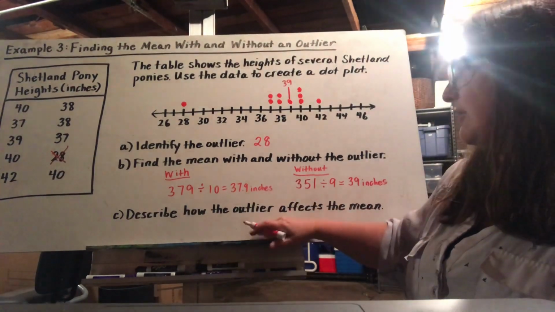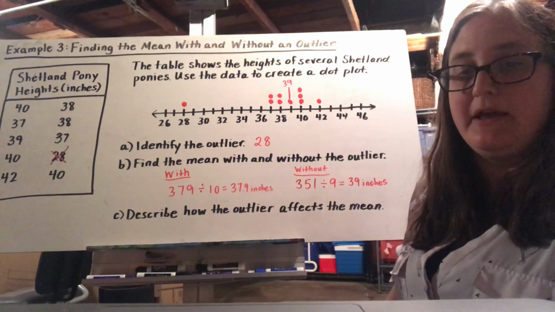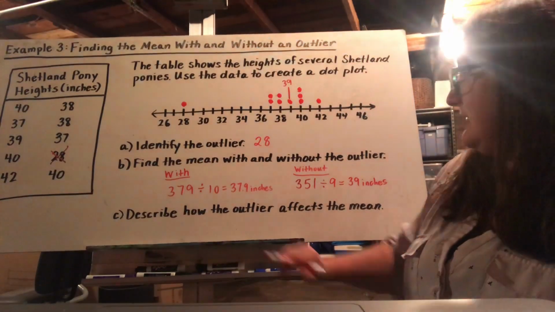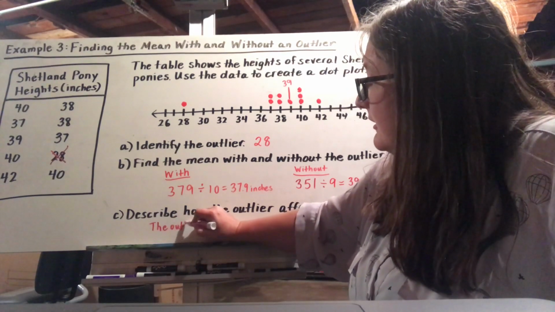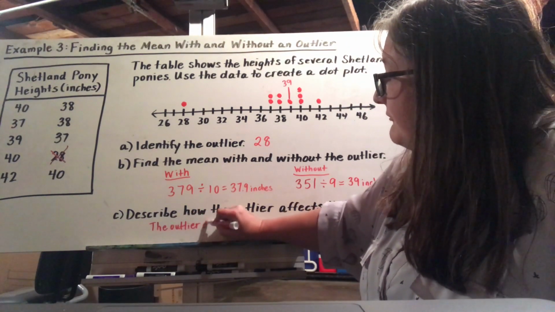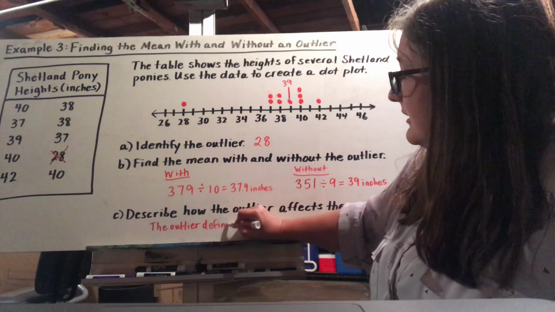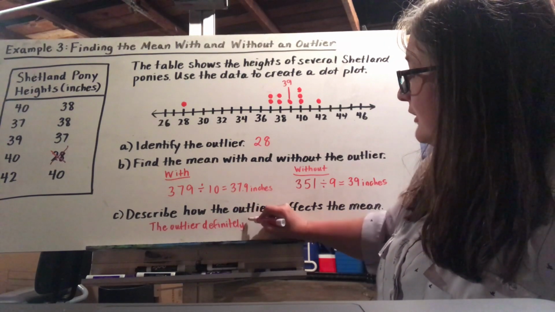So when I talk about how the outlier affects the mean, I would say that the outlier definitely lowers the mean.